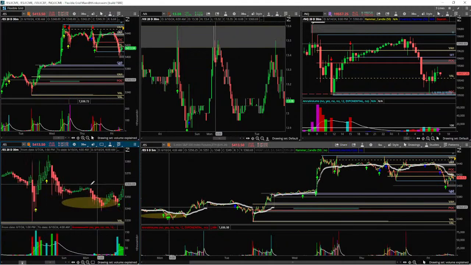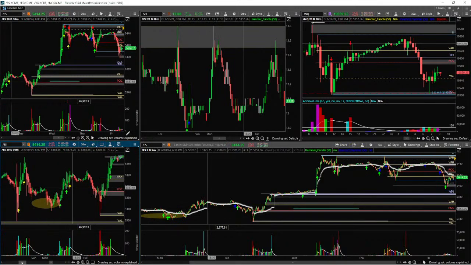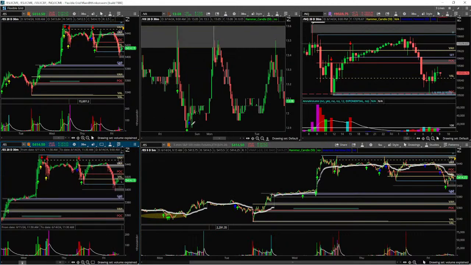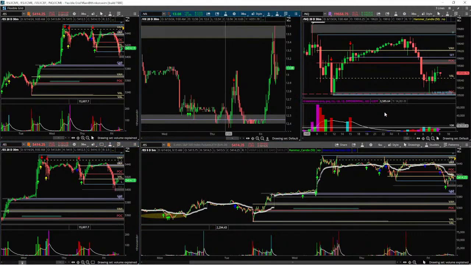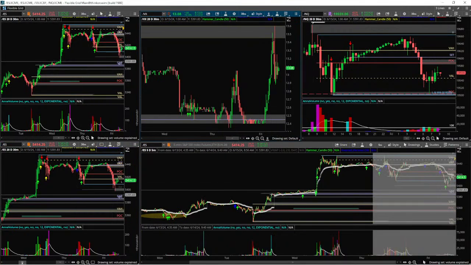Alright, so here, and then price just kept going higher. So just keeping an eye on these things. These are two examples, but those are ones that made sense. So that's it for ES and NQ. Those are it for my levels.